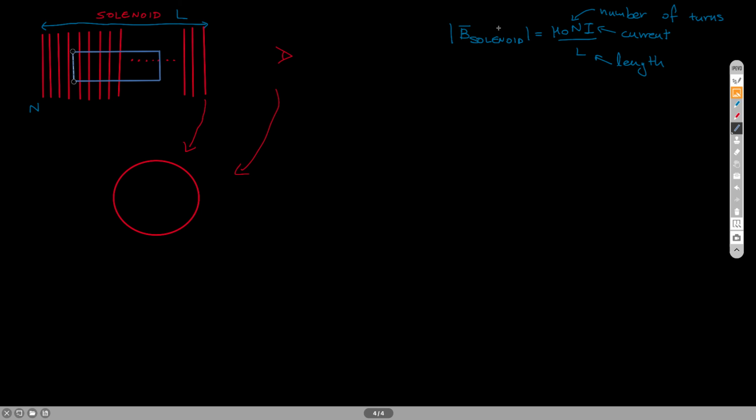You can use this expression only if you are closer to the center of the solenoid. This ends up being not true if you are close to the two ends of the solenoid, either here or here.